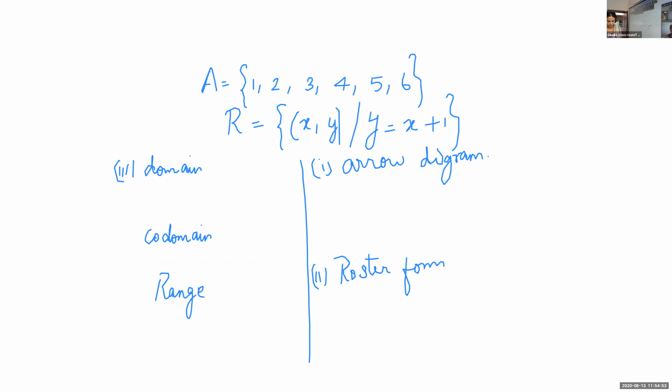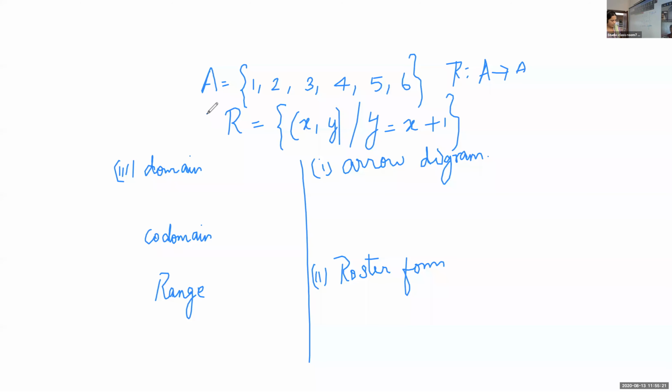So read the question again. A is equal to the set {1, 2, 3, 4, 5, 6}. R is a relation defined on A, which means it is a relation defined from A to A itself. That is, it is defined on both the sets. Instead of A to B, we are taking it as A to A. Instead of B, the set is A itself here.